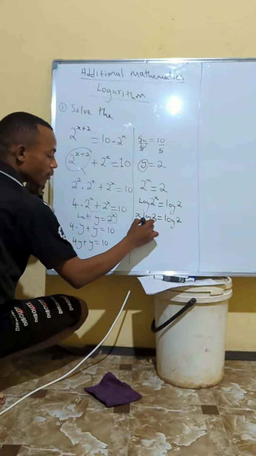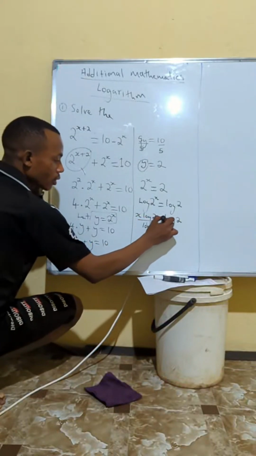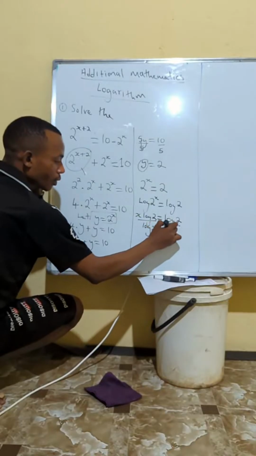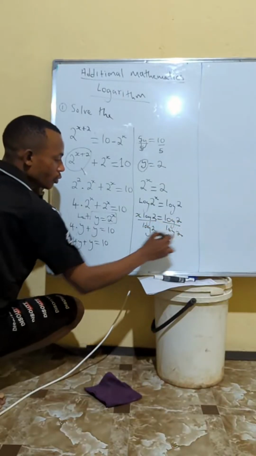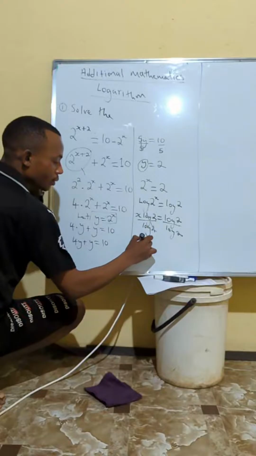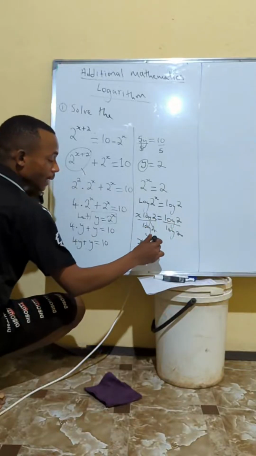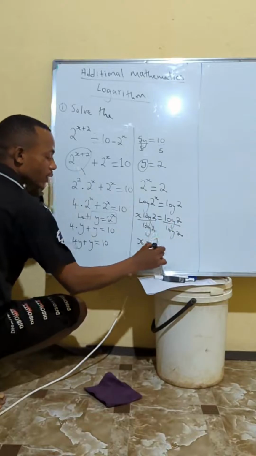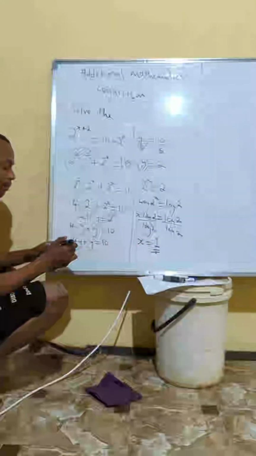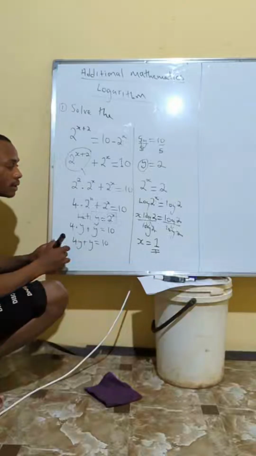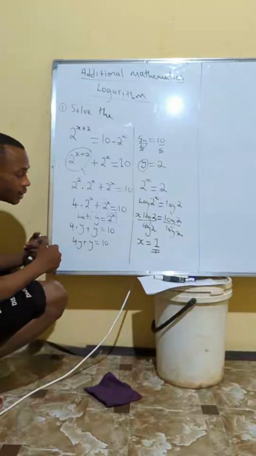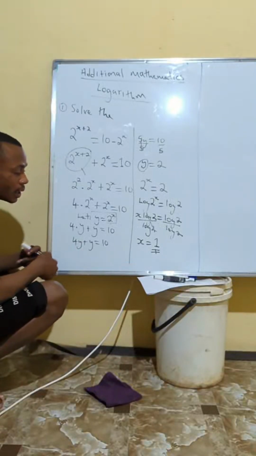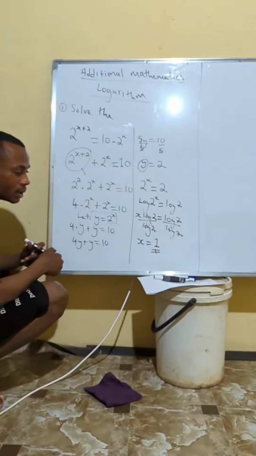You divide both sides by log 2. This will cancel. You're going to remain with x. To punch on the calculator, log 2 divided by log 2, it will give us 1. So this is the answer for our first question.